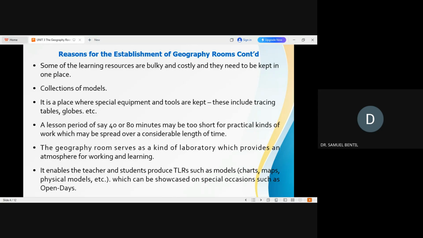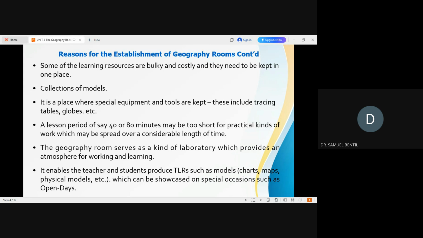The same thing, the geography room will also serve as the laboratory, which gives us the atmosphere for working and learning, because the things are arranged in a way which provides all the tools, the logistics and the materials that you need to do the geography work over there.